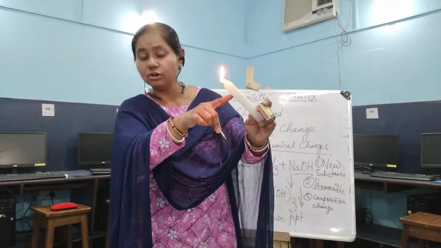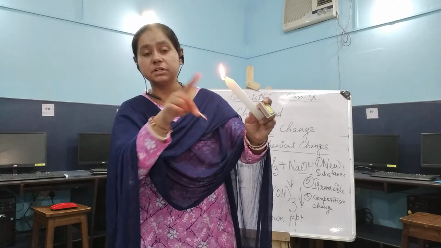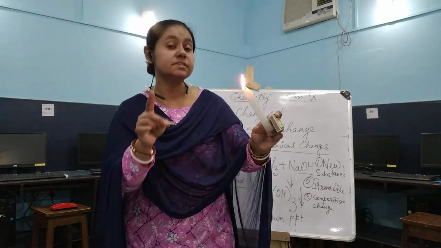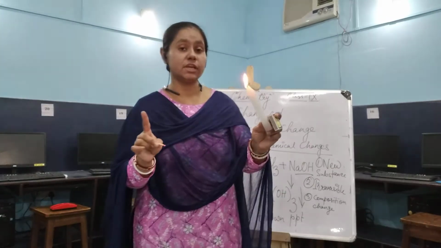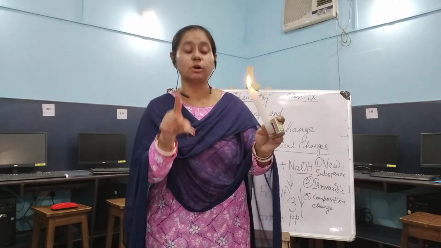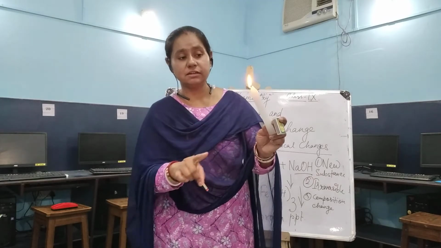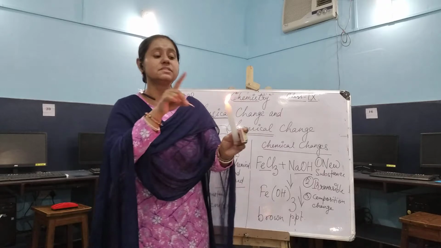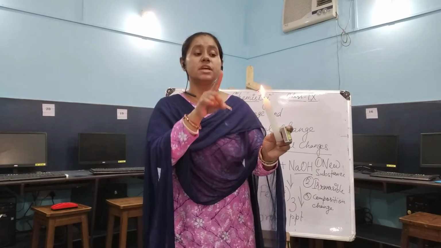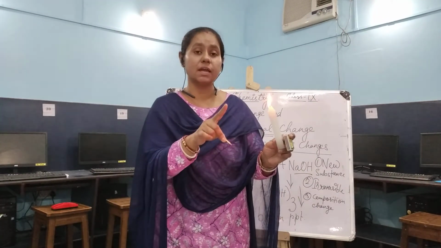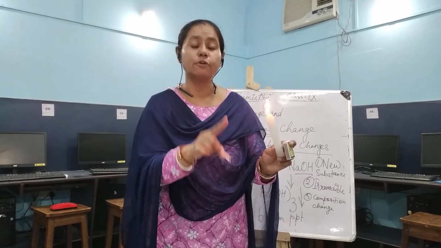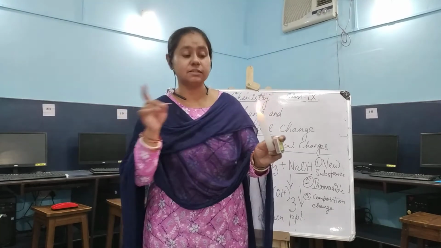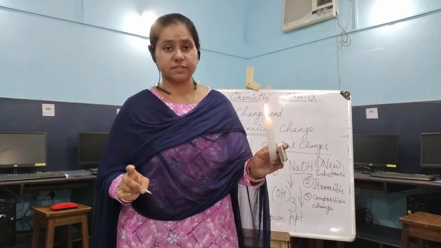This melting of wax and burning of the candle are two different types of change. I'll explain it now. See, the candle is burning, producing heat and light. That means a chemical change is accompanied by production of heat and light, so an energy change is taking place.